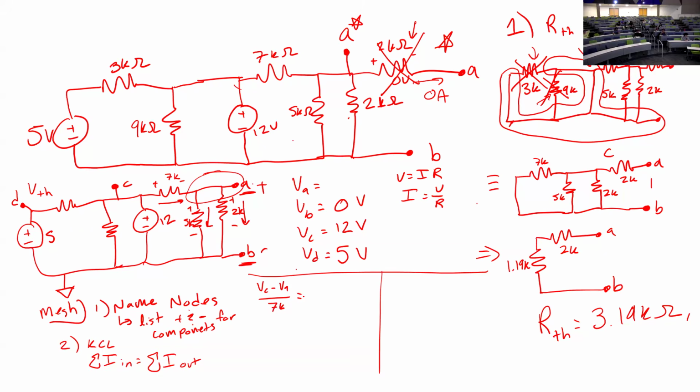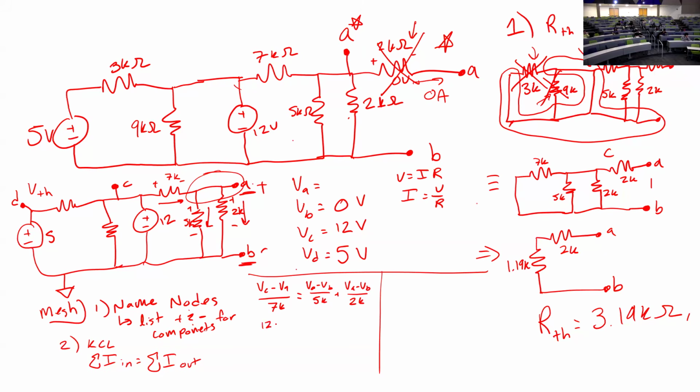That's the only current I have pointing into my node A, and now I have both of these currents flowing out. So for the 5 kiloohm, I have VA minus VB over 5K plus VA minus VB over 2K. All right.